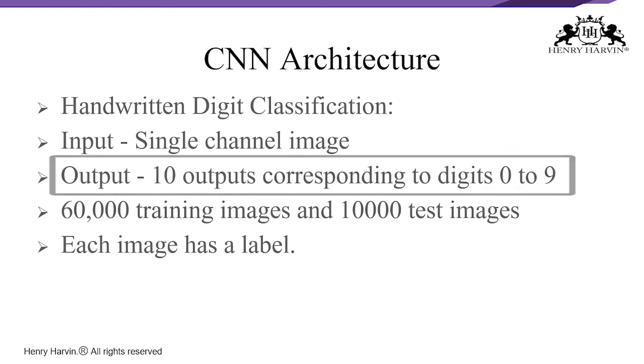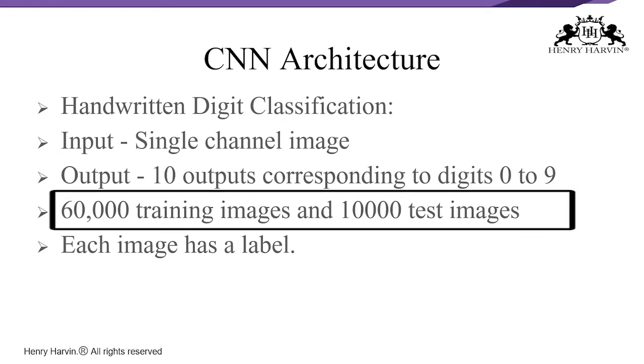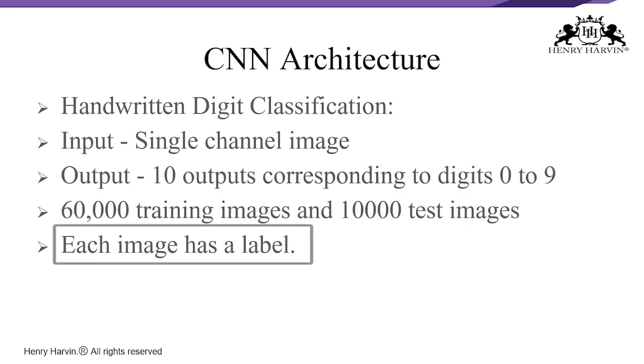A single channel image. In this data set, there are 60,000 training images and 10,000 test images, and each image has a label. This is a very popular data set used with CNNs.